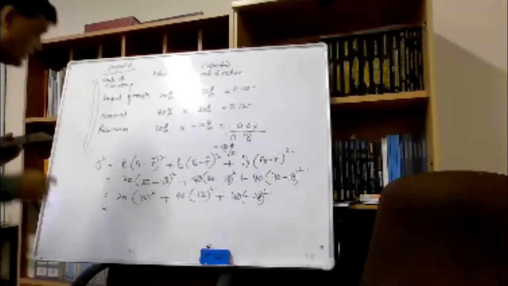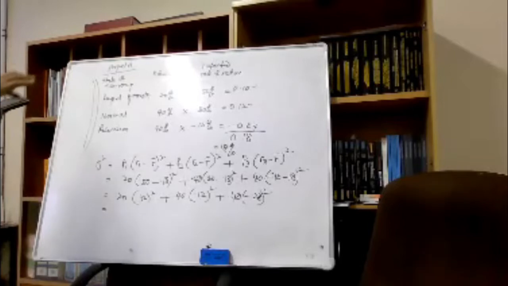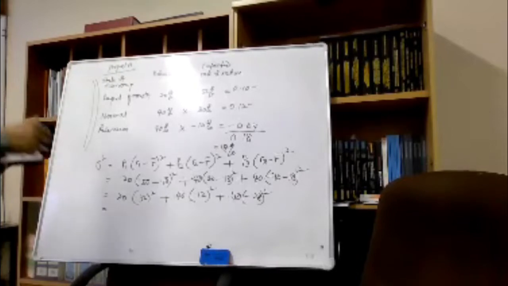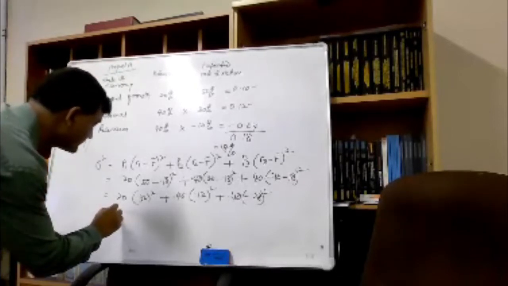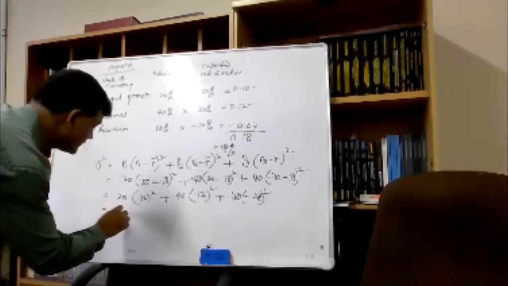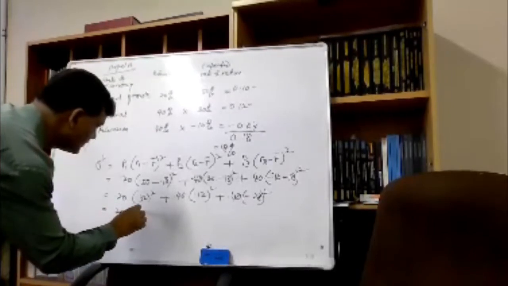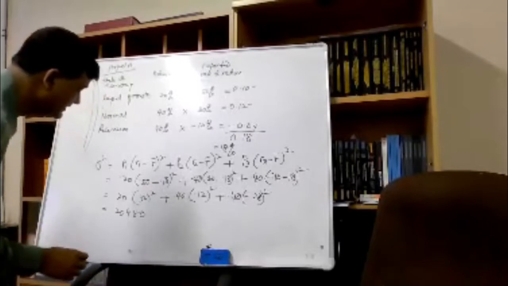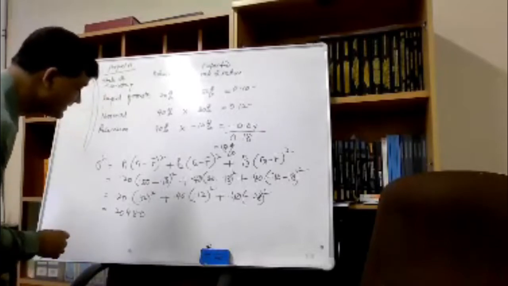So how much do we get? We square it. I didn't have a calculator, so I'm using my phone. 20480. This is the total calculation or what? No, only for one.